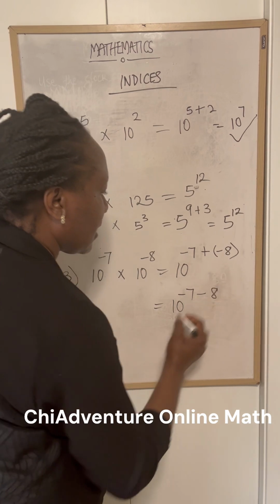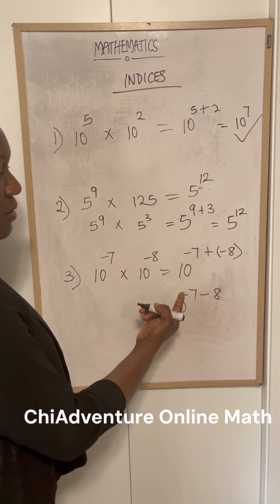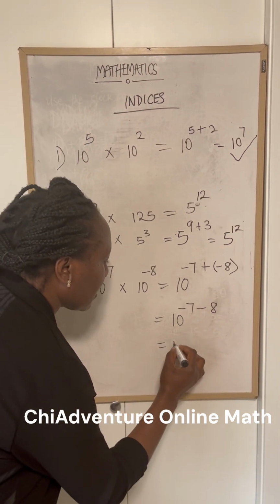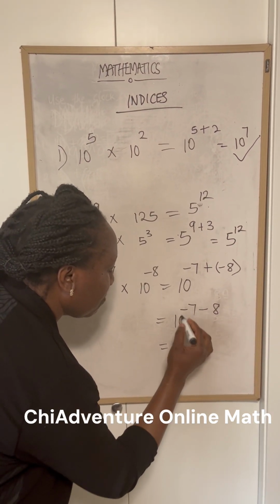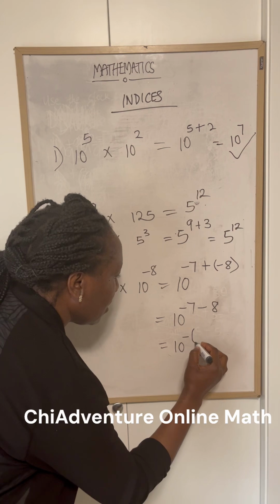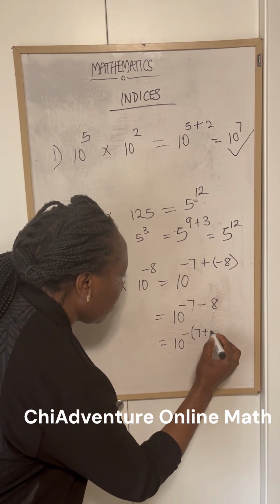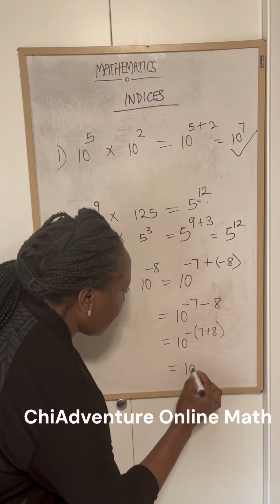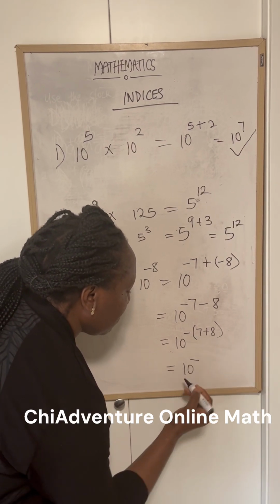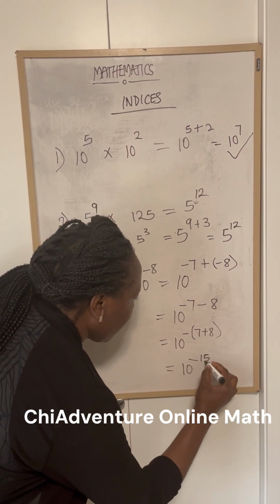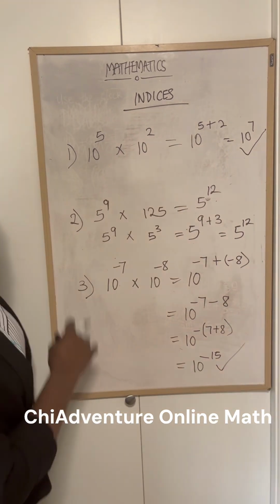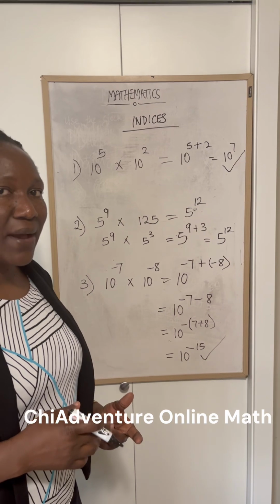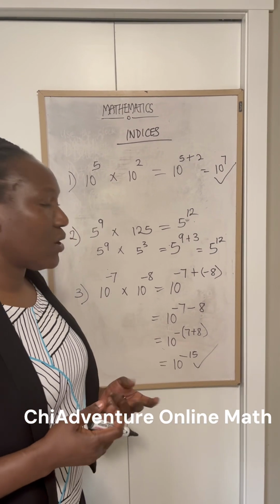So this is the same thing as saying 10 raised to the power of minus 7 minus 8. So this is the same thing as 10 raised to the power of, you bring out the minus sign, so this will be 7 plus 8. So this is the same thing as saying 10 raised to the power of minus, 7 plus 8 is what? 15. I hope this is not confusing. If it is, you can pause and go back to check how I got this.